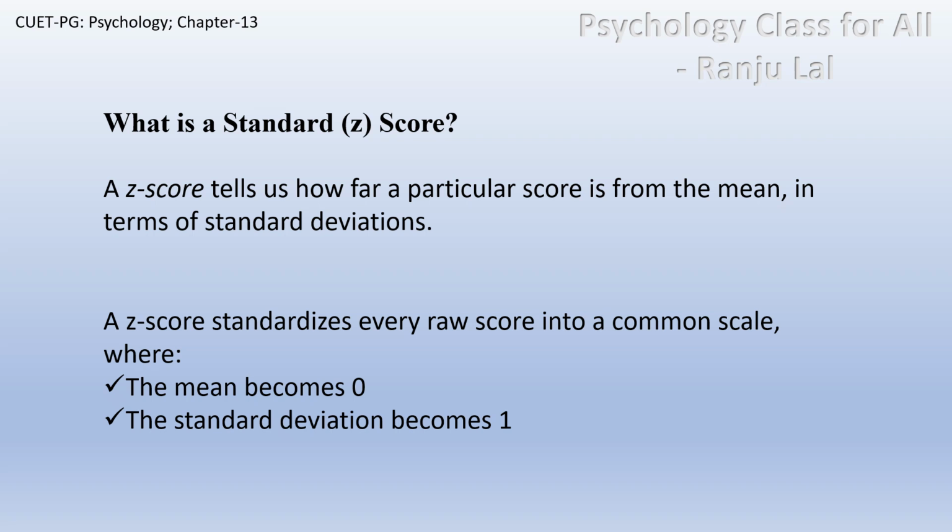If someone scores 40, that's one standard deviation below the mean. Their Z score would be -1. So basically, a Z score standardizes every raw score into a common scale where the mean becomes 0 and the standard deviation becomes 1.